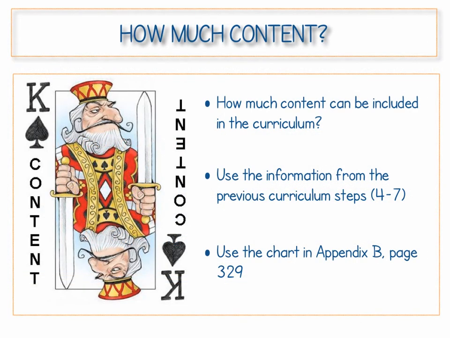In this step, you'll calculate how much content can be included in your overall curriculum. You'll need to use the information developed in the previous steps, step number 4 through step number 7. Now, I want to explain this process as I've done in other steps. I do want you to read through the information in the textbook because it does a good job of explaining step number 8, and I want you to work through all the calculations with your group.